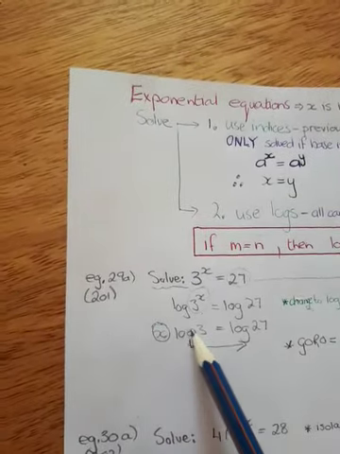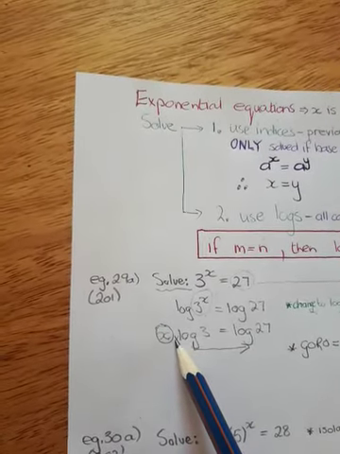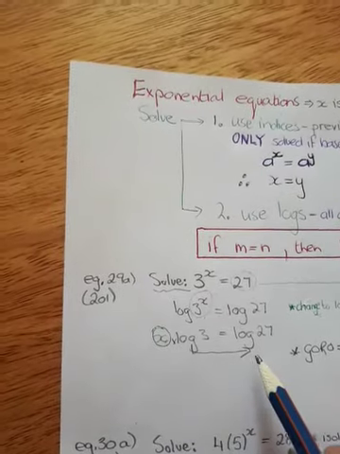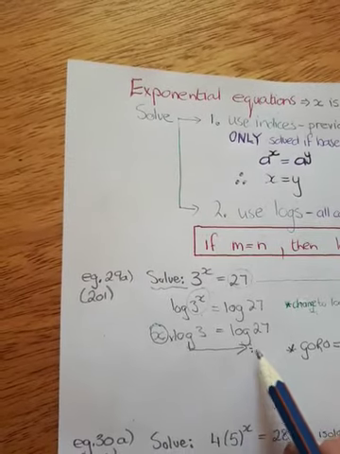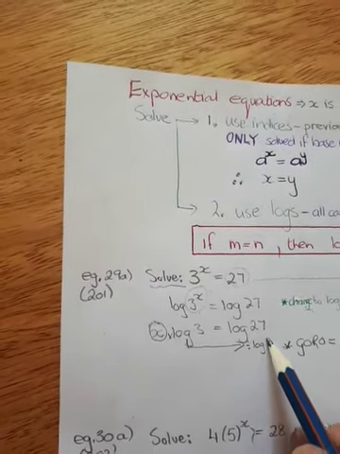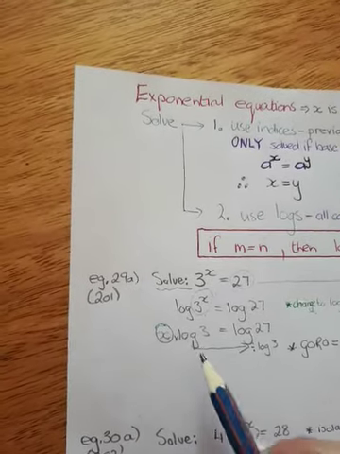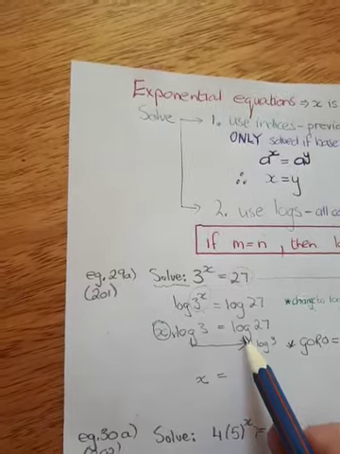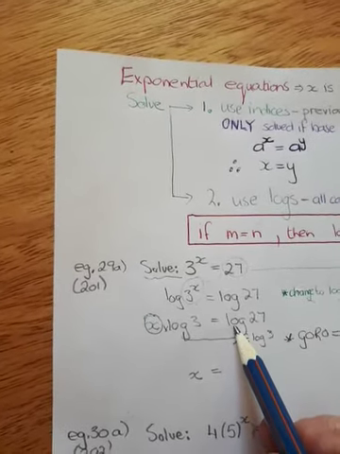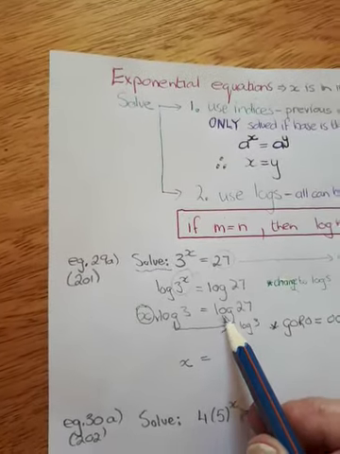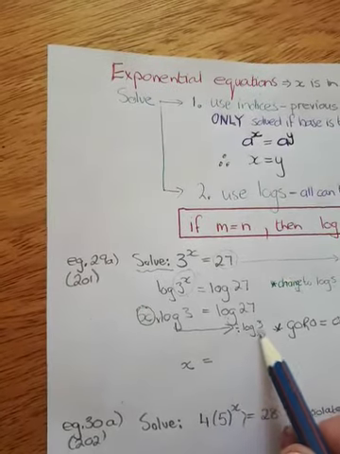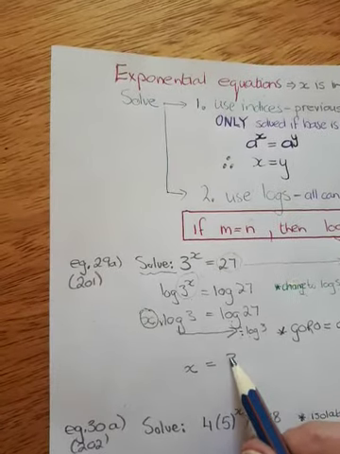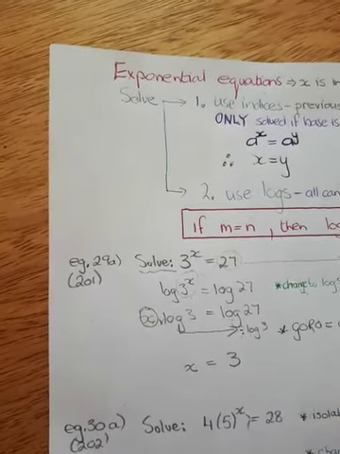Between x and log 3 is a multiplication, so taking it to the other side becomes divide by log 3. Then you have x left over on the left-hand side. On the right-hand side, you can press into your calculator log 27 divided by log 3, which will give you an answer of 3.